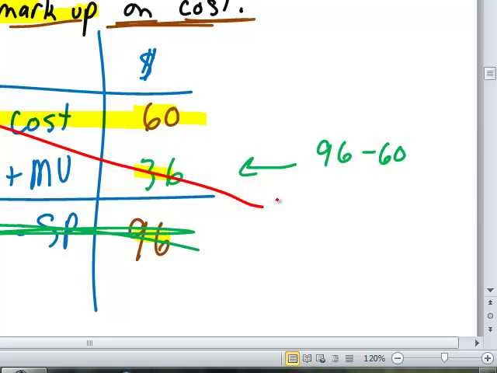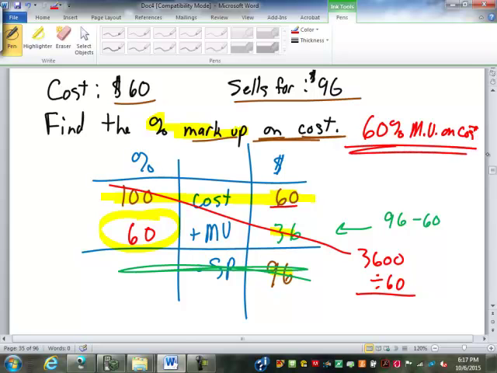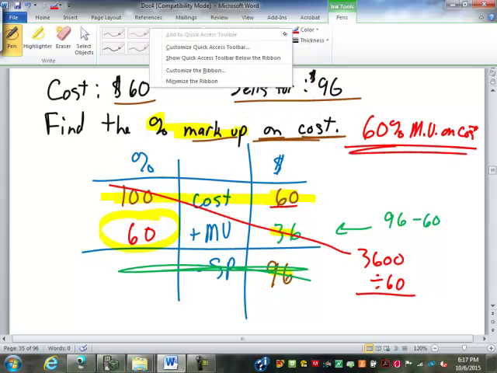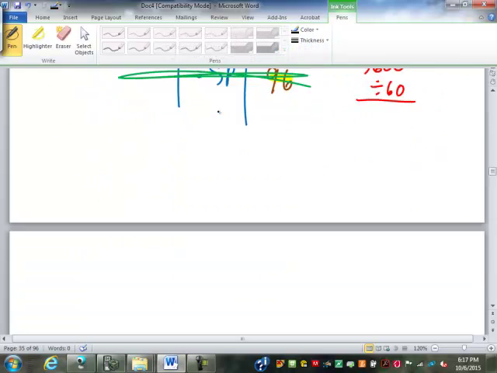Perfect. 100 times 36 is 3,600. And then divided by 60, which will give us 60. So that is a 60% markup on cost. Not as bad as you'd think.